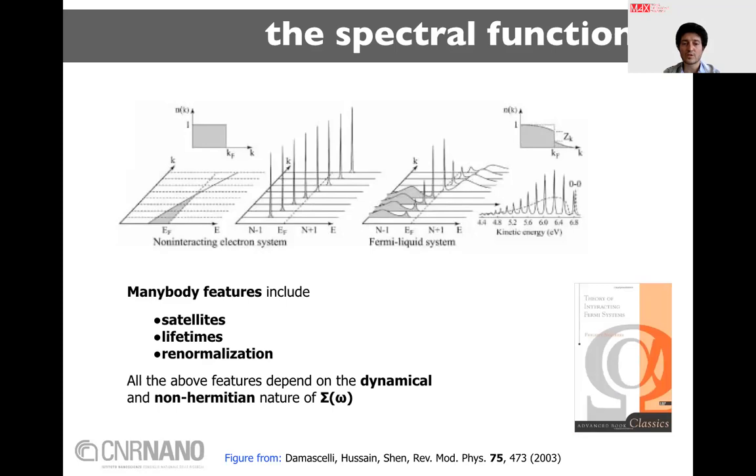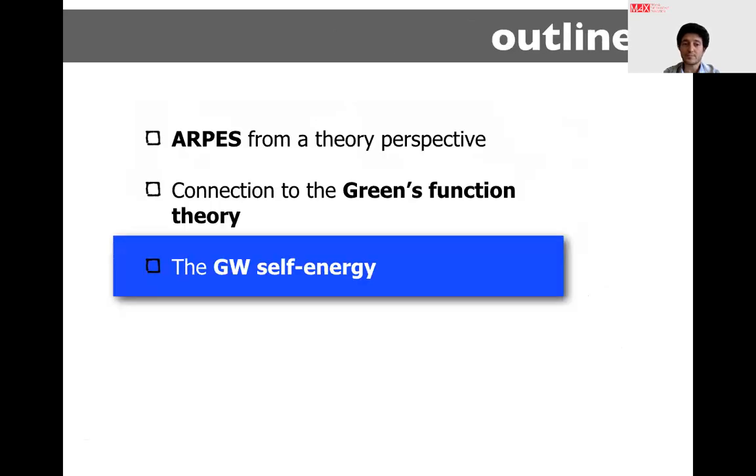And all these features can be captured by the dynamical and non-Hermitian nature of the self-energy. So physics is actually cast into these extra complexities that are required for a proper self-energy.